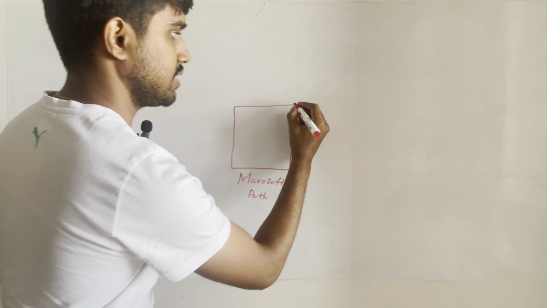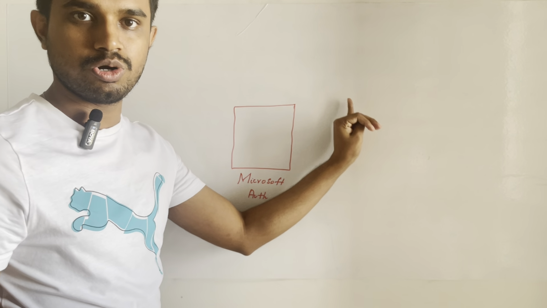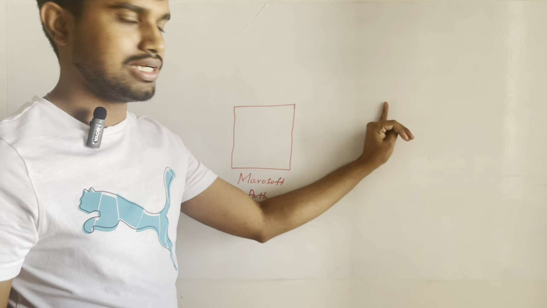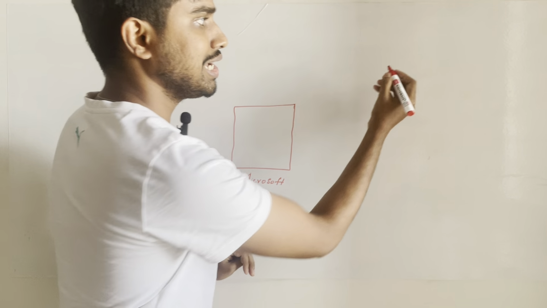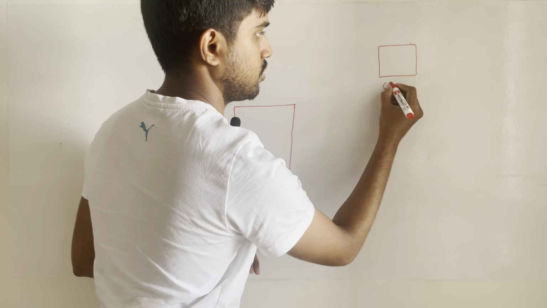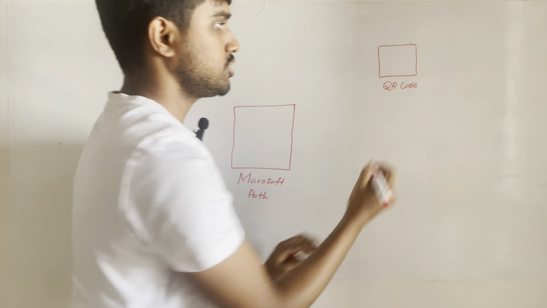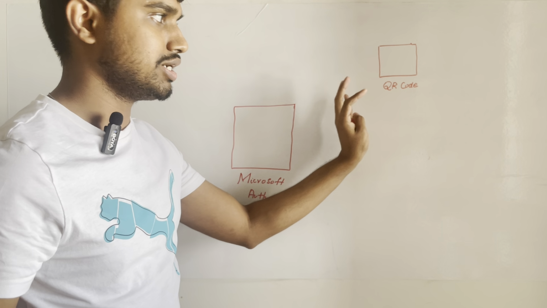So we know that when you register for any application and say, hey, I want to set up two-factor authentication using an Authenticator app, it will give you a QR code. This QR code is nothing but a secret.